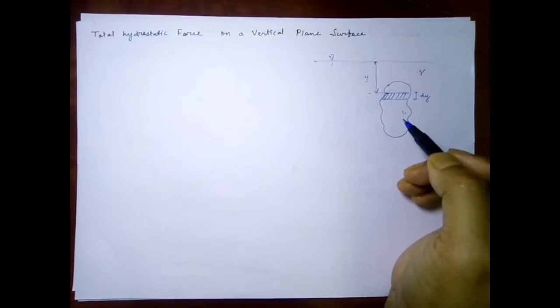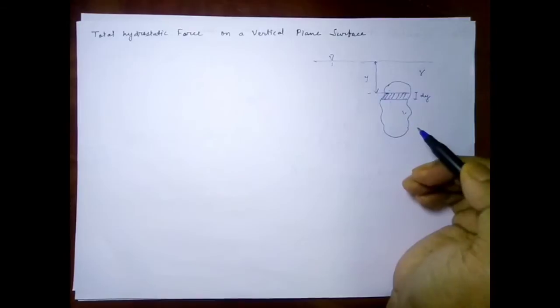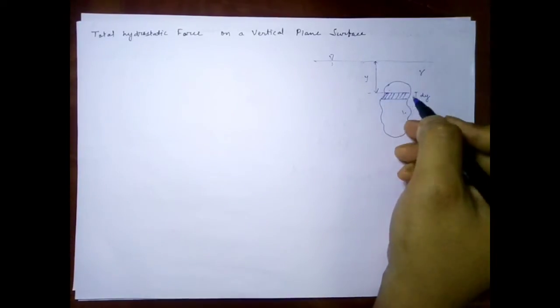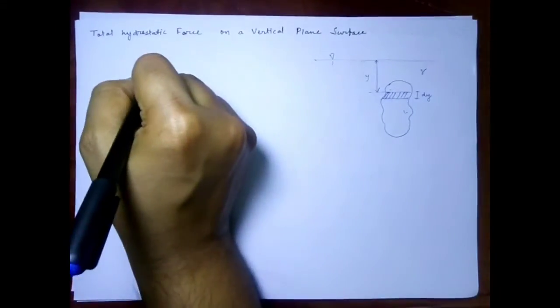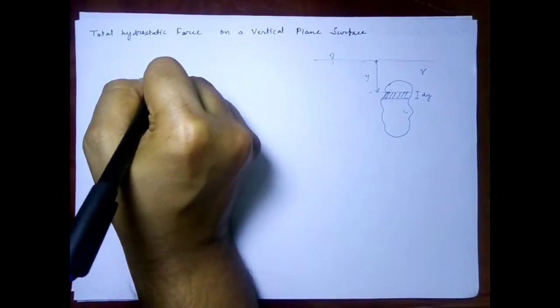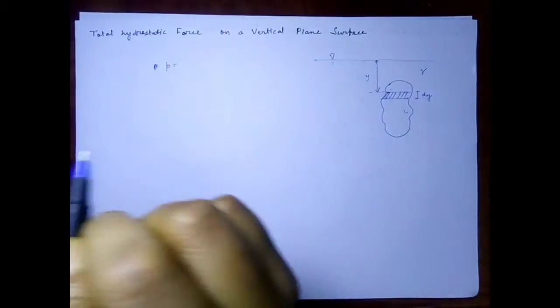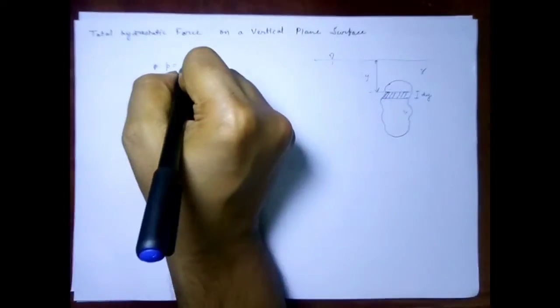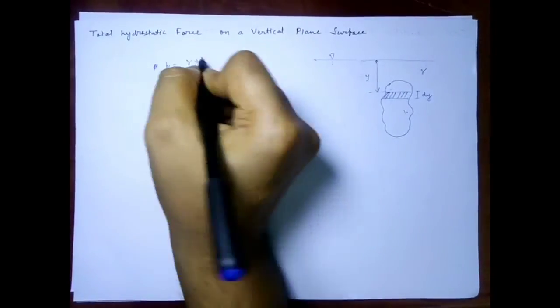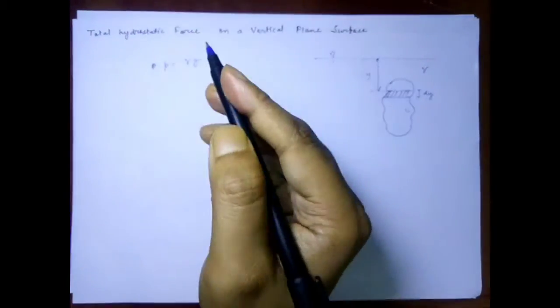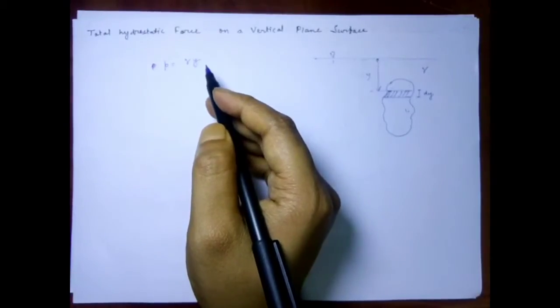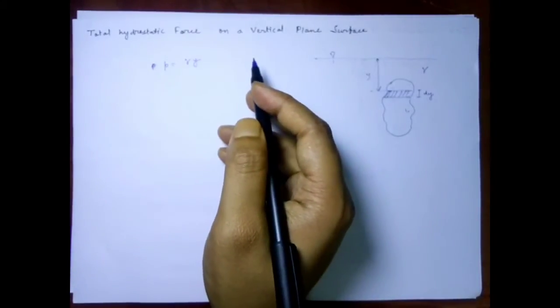Now we can say that the pressure intensity over here can be small p, and that will be equal to gamma y, because previously gamma h was the depth, and here y is the depth.